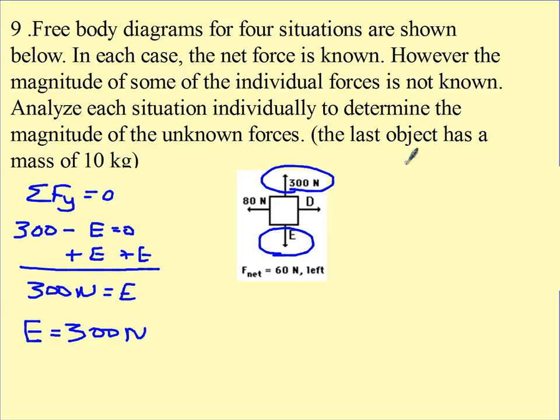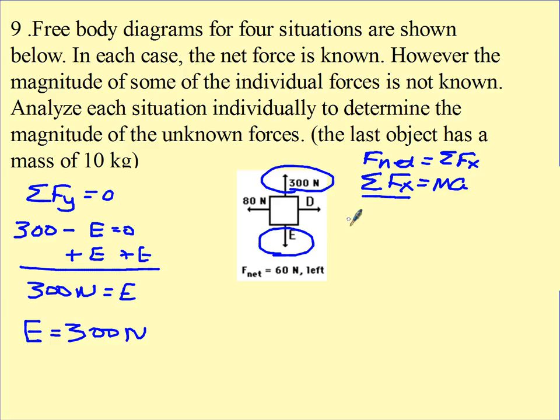Now, let's solve this for the summation of the forces in the x direction. Newton's law says the summation of the forces in x equals ma. This is Newton's law. Write it down. Now, this is also equal to F net. So, let's read off the sum of the forces.